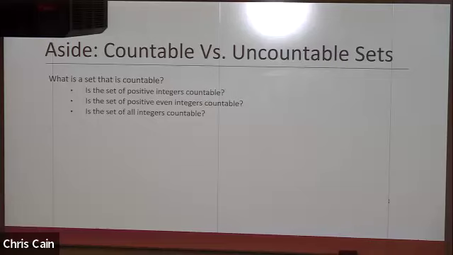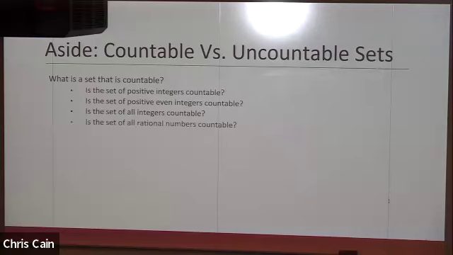You give me any integer, positive or negative, and I can tell you the number of steps that it would take. This algorithm that starts at 0 and goes 1, -1, 2, -2, there's some number of steps that algorithm would take to reach that number. You could not give me a number where I say this algorithm won't ever get there. Does that make sense? So because of that, it is countable.